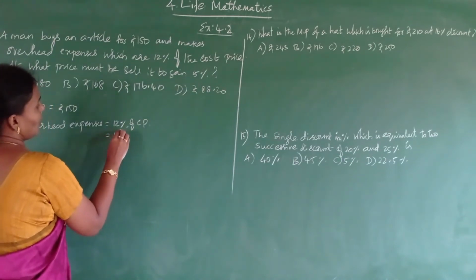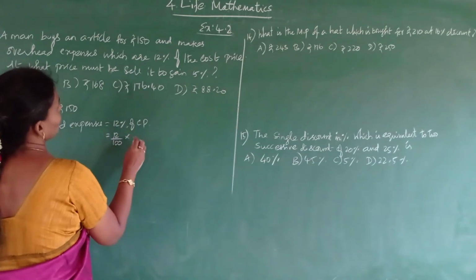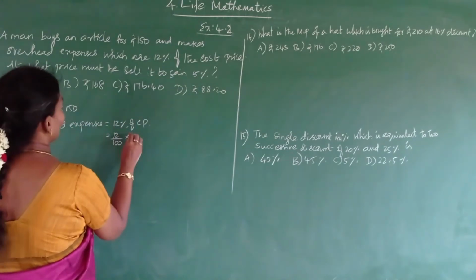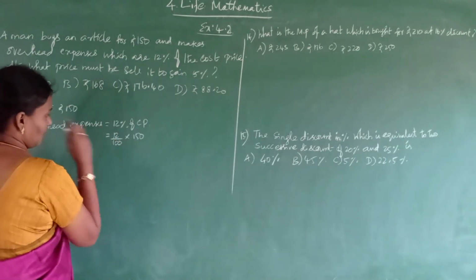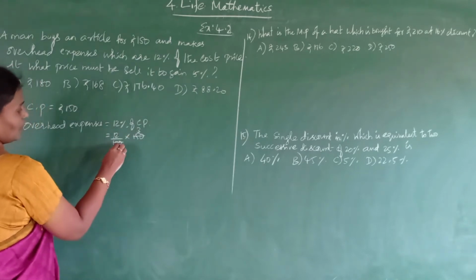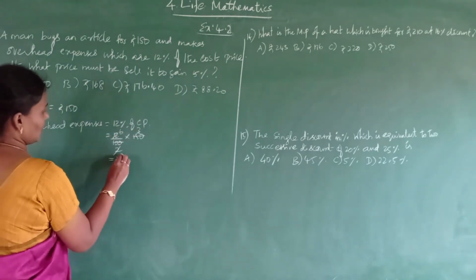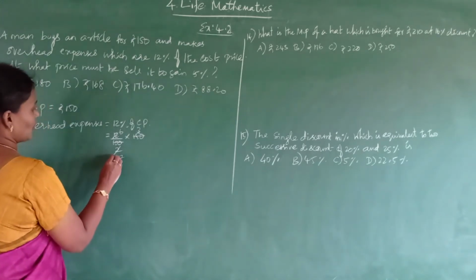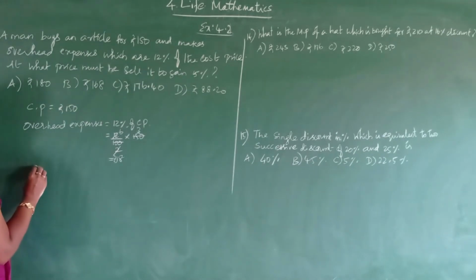So that is 12 by 100 multiply CP. Cost price is 150. Okay. Now cancel with the 50th table here 2 times. Here 3 times. So here second table 6 times. 6 3s are 18. Okay. So how much rupees overhead expense? 18 rupees. Okay. So now what is the actual CP?